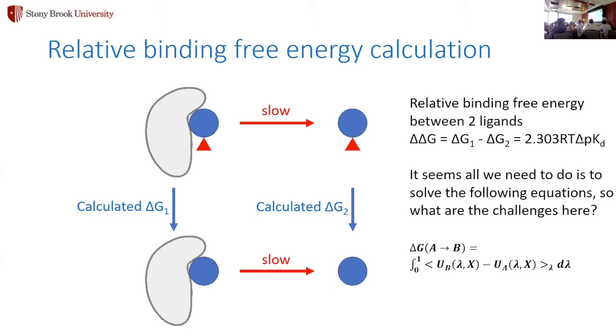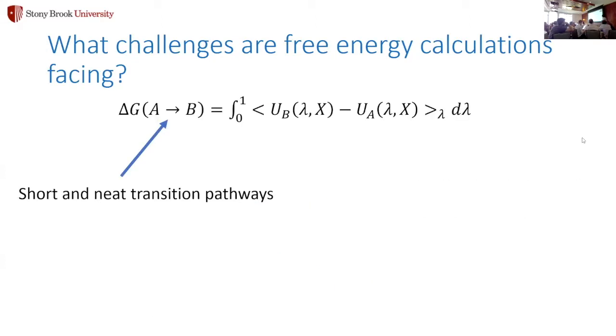The challenge here is just we need to get every critical component here correct, including this one on the left side. So for example, one challenge that free energy calculations are facing is that people need to design a reasonable transition pathway, right?